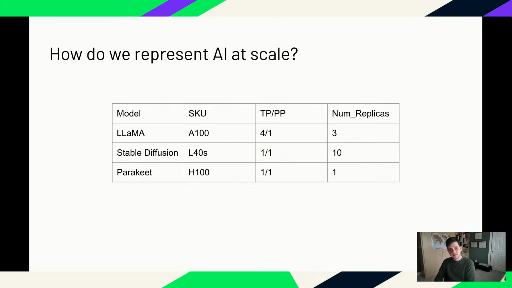Because with tensor parallelism or pipeline parallelism, you're using multiple GPUs to represent a model. And in this case, the more accurate metric is to normalize by the number of GPUs. So you can divide the total number of tokens provided by the system by the total number of GPUs it's running on.